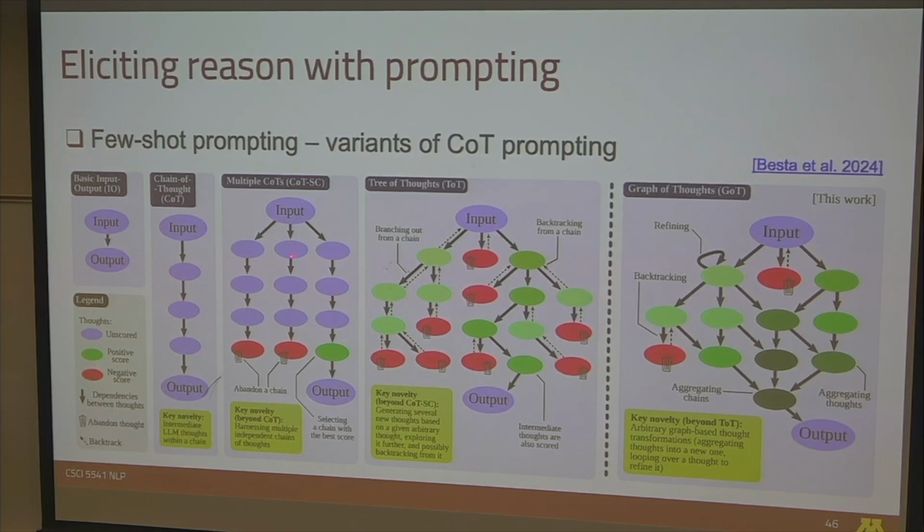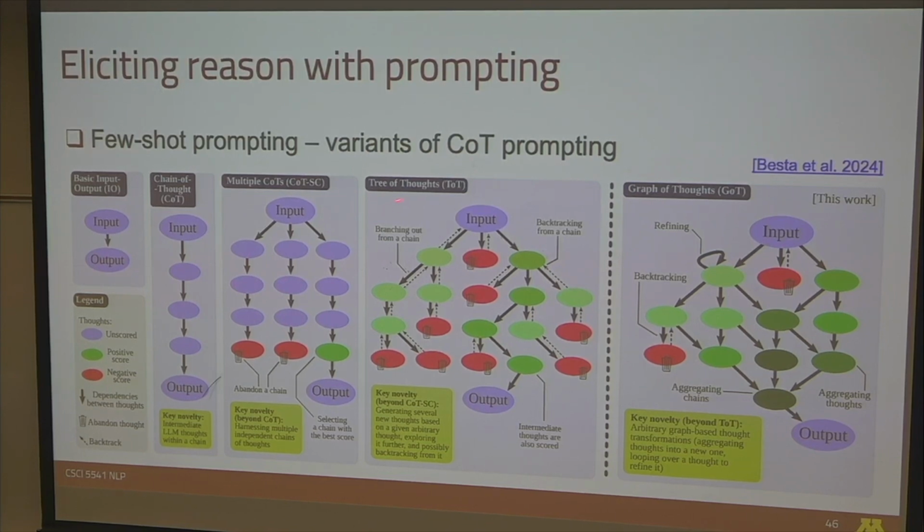But you can think of an extension where you consider multiple chains of thought. You can have several chains of thought reasoning going on, and then at the end you have some way to select the best one, maybe by confidence scores or some heuristics. But these chains are separate from each other. These are independent chains.